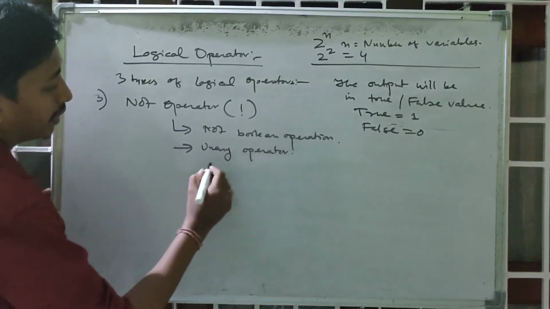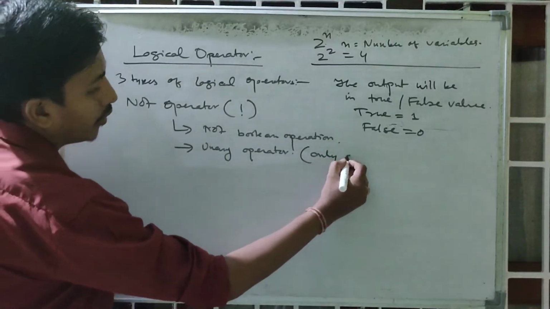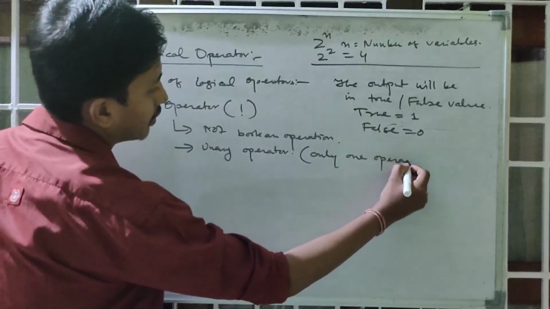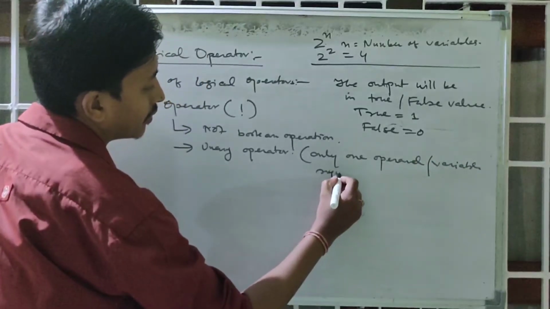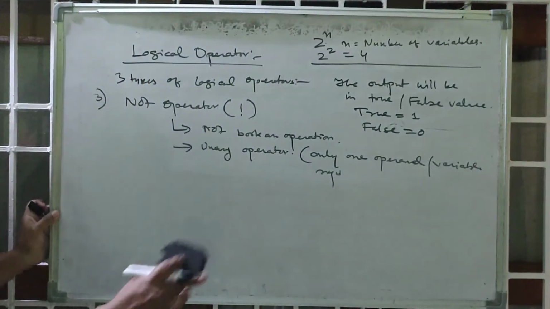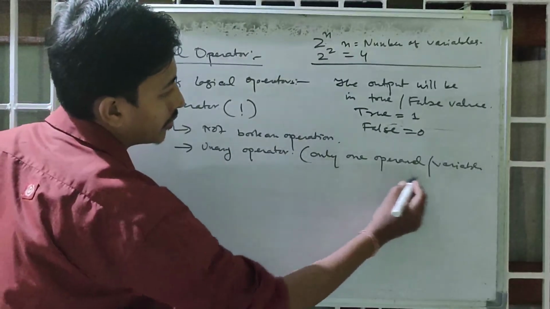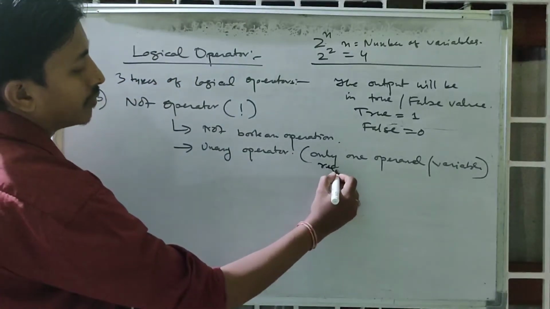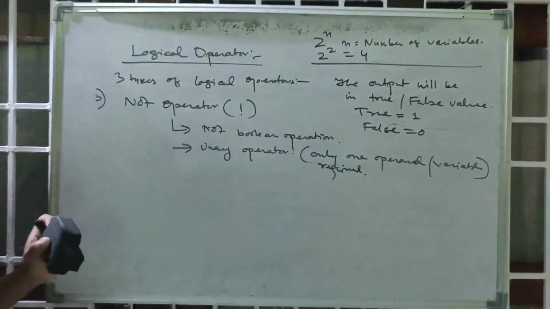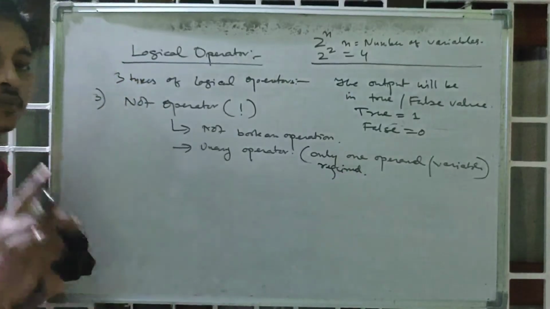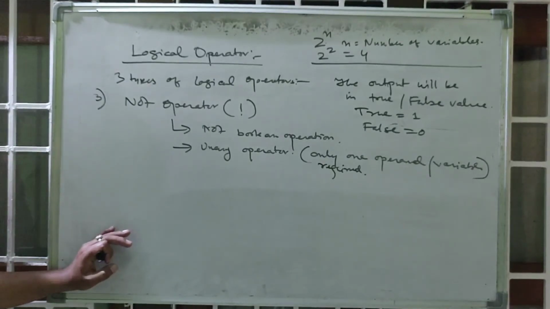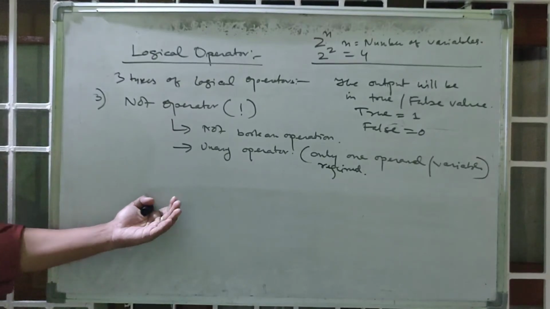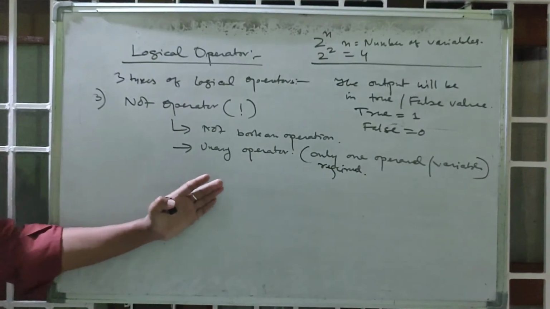Unary means only one operand or one variable is required for getting the output. It has only one operand, on its right hand side.